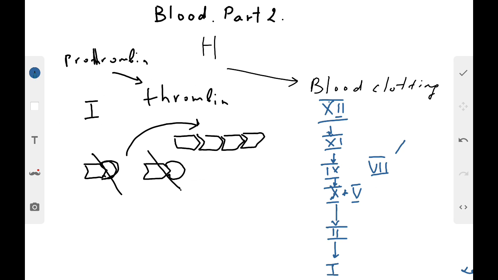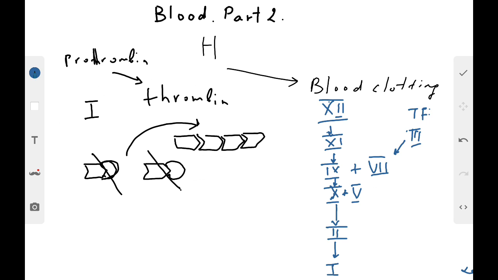Factor 3 is also called tissue factor. So this tissue factor activates factor 7, and 7 and 9 together are needed to activate factor 10.